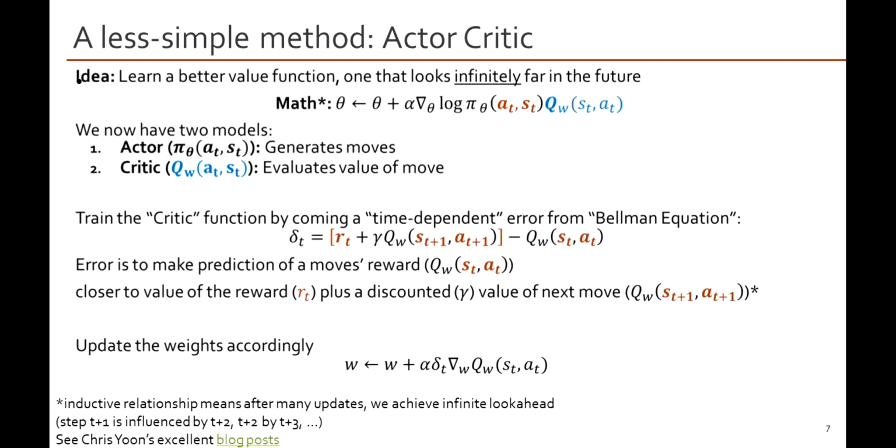We're not going to go much into it today, but what it does is it gives me an error describing how well my estimate of the value of a certain state is by comparing it to the actual value of what we observe for choosing that action and moving to the next state, where I can estimate that reward by taking the reward that I have and then adding some time-dependent term that looks at my value of the next state.